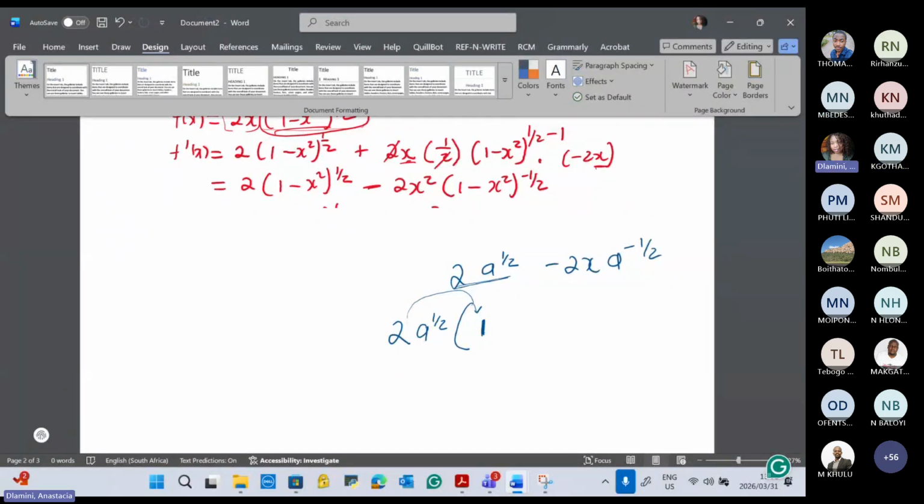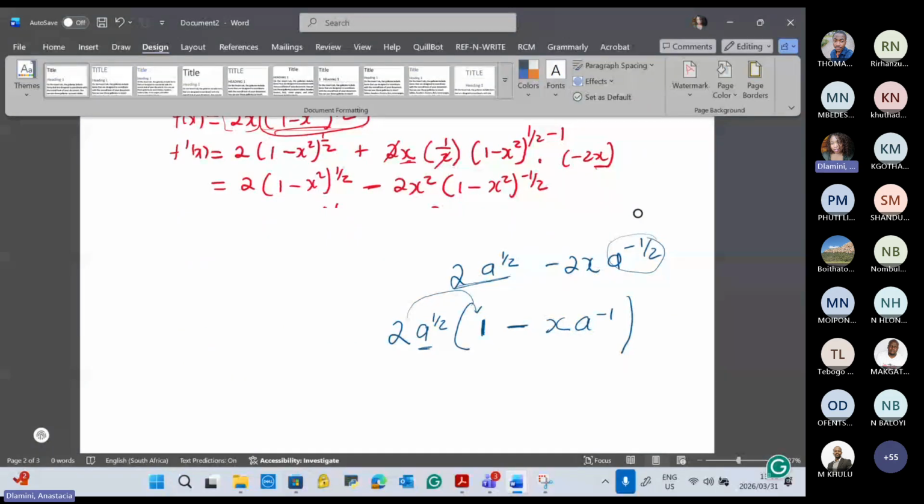Now, minus x. I want a to the power of something such that when I multiply with this a, it gives me negative half. So it will be a to the power of what? -1. Well done. So it will be a to the power of -1.